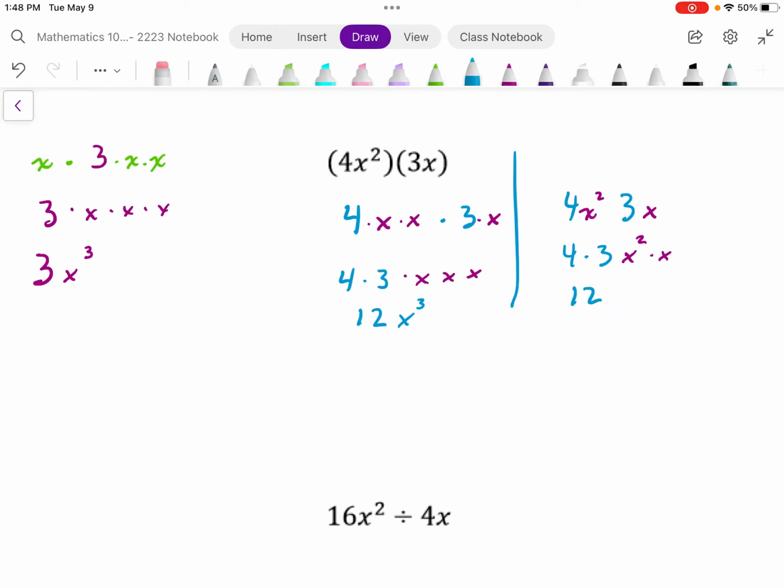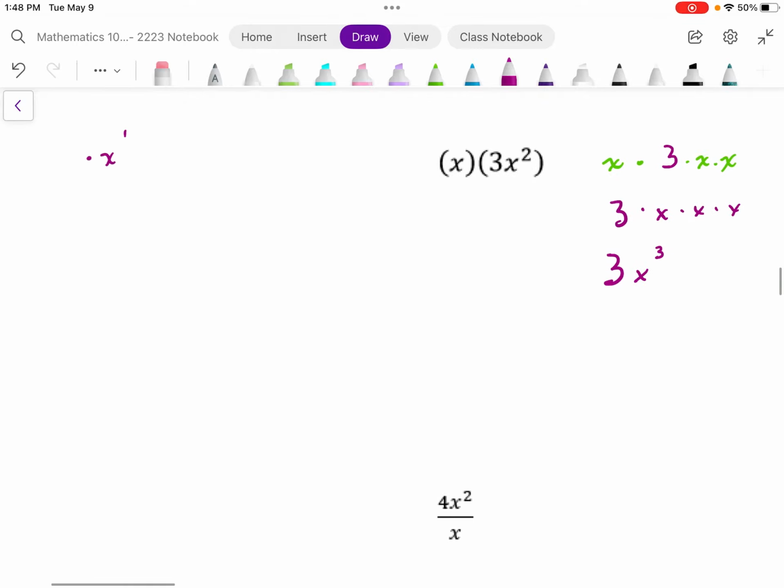And the answer will be 12. Now x squared times x, right? And if you want, we could write it as x to the power of 1. We multiply it, and we simply add the exponents. All right, I feel good.